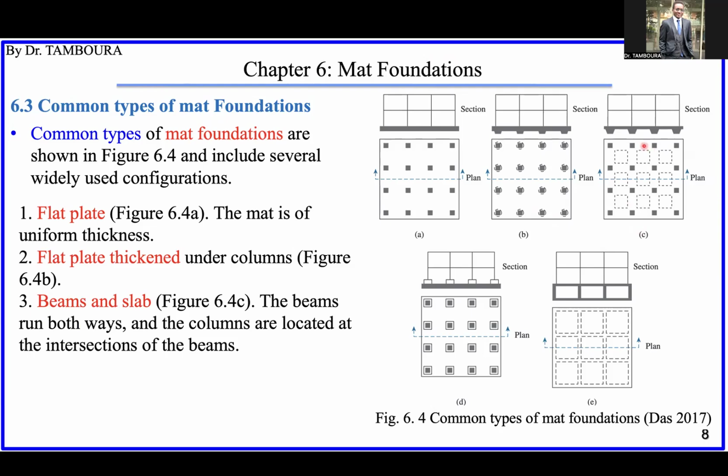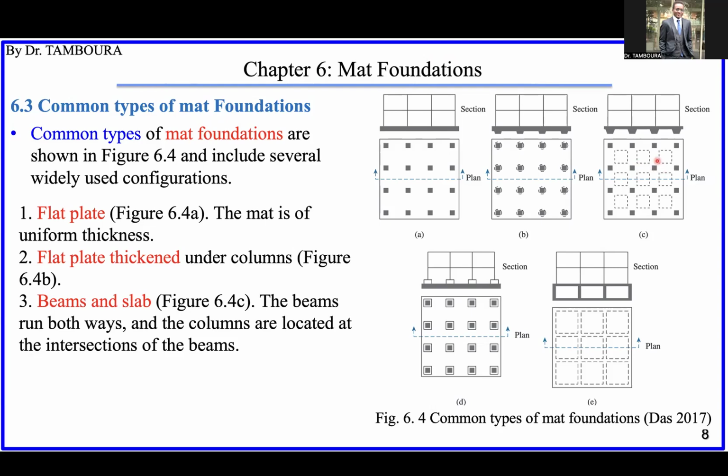That is like when you are doing the top of a building, you have beams and slab included. The beams run both ways, and the columns are located at the intersection of the beams, this way and this way.